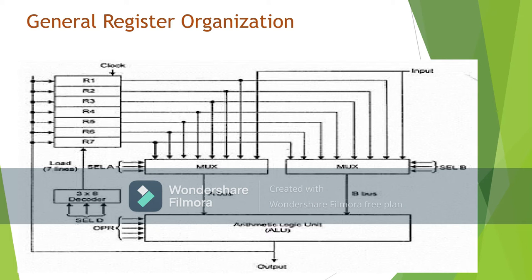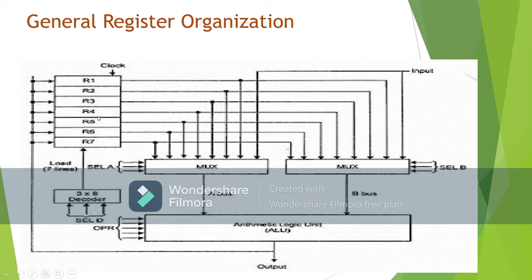Now we will study the general register organization, that is, how the registers are organized in the CPU and how the instructions are followed and some arithmetic and logical operations are performed by this CPU. In this diagram you can see that there are 7 registers from R1 to R7 and these can store the operands.